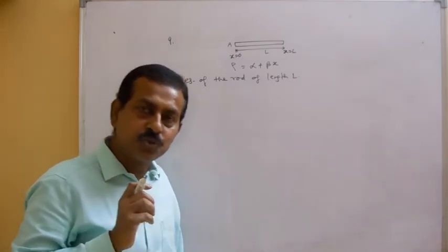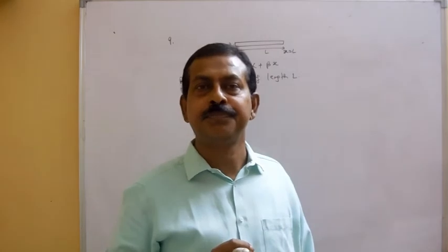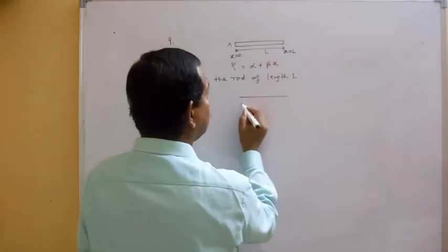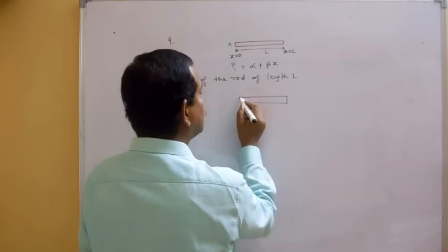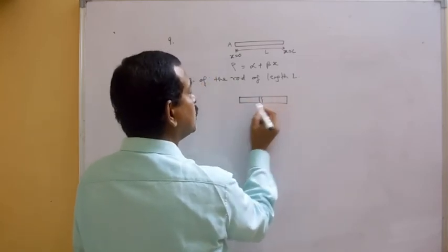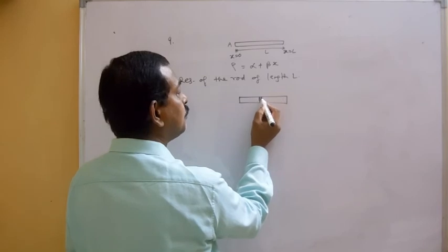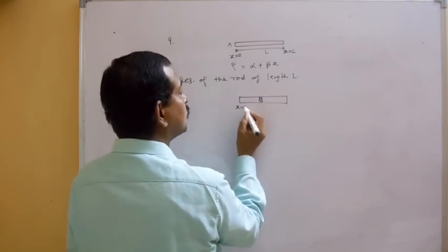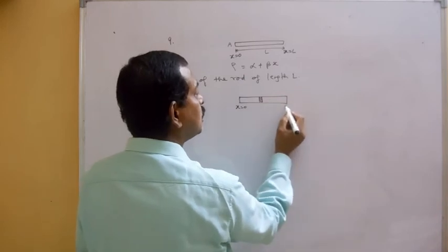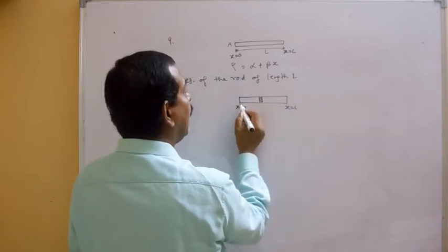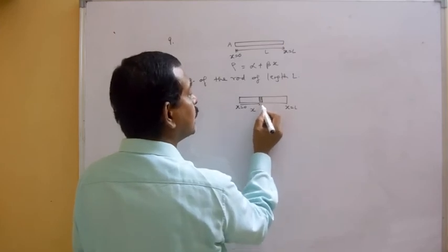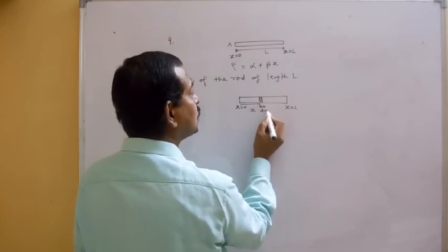For solving this type of problem, what we do is take an elementary section of this. Suppose this is x equals 0, this is x equals L, and this elementary section is at a distance x and its thickness is dx.